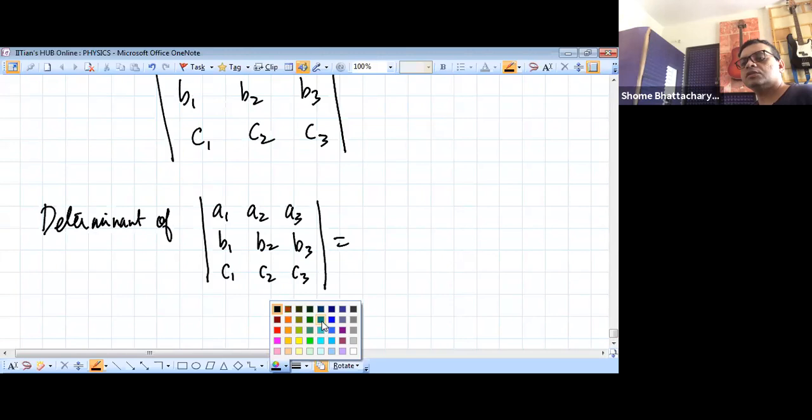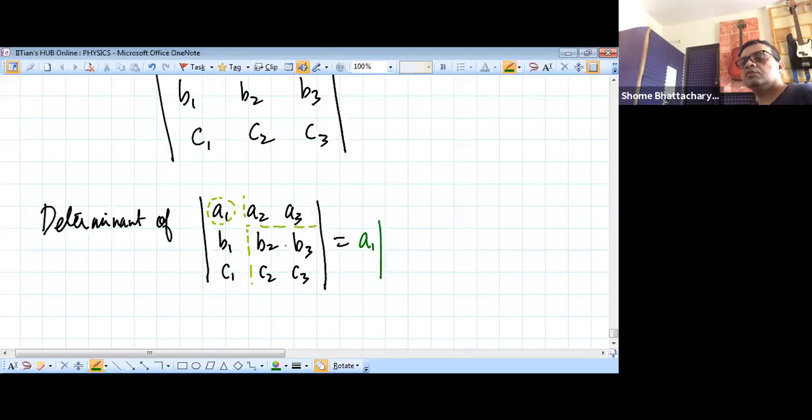So what you do is you isolate this term by removing this row and column. So this term becomes A1 multiplied by, isolate out the first row and first column, so you get B2, B3, C2, C3.